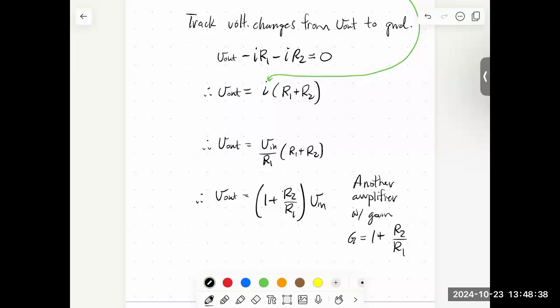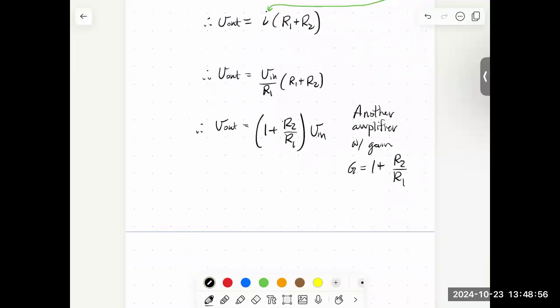What's the difference between this amplifier and the previous one? What's the major difference? What's the sign? How are the signs of V out and V in related? They have the same sign.